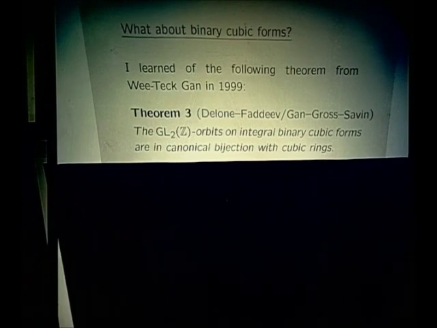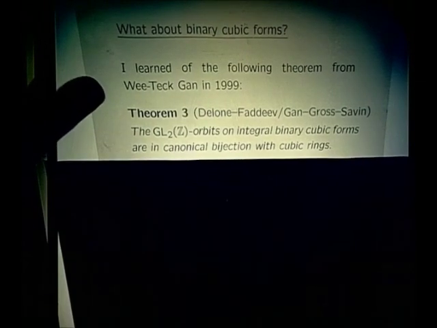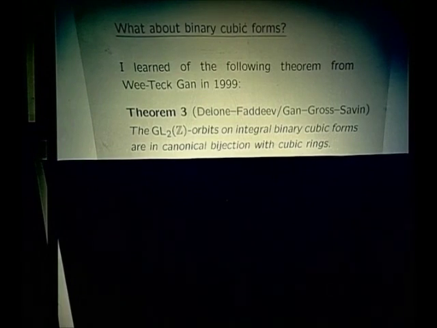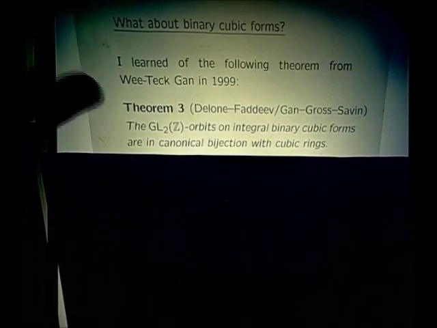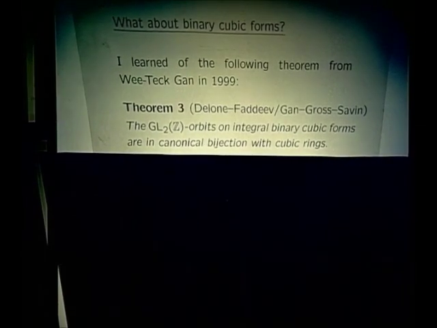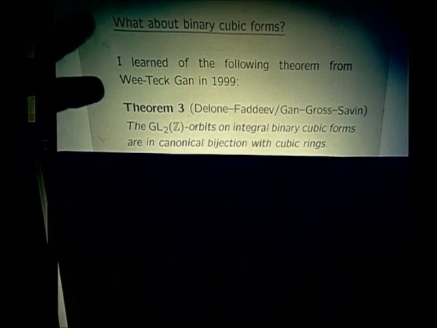refinement of a classical result of Delone and Faddeev, which states the following. It says that if you look at the GL2(Z) orbits on integral binary cubic forms (GL2 and SL2(Z) don't matter too much, since one has index 2 in the other, so it's not a big deal), they're in canonical bijection with cubic rings. So what is a cubic ring?